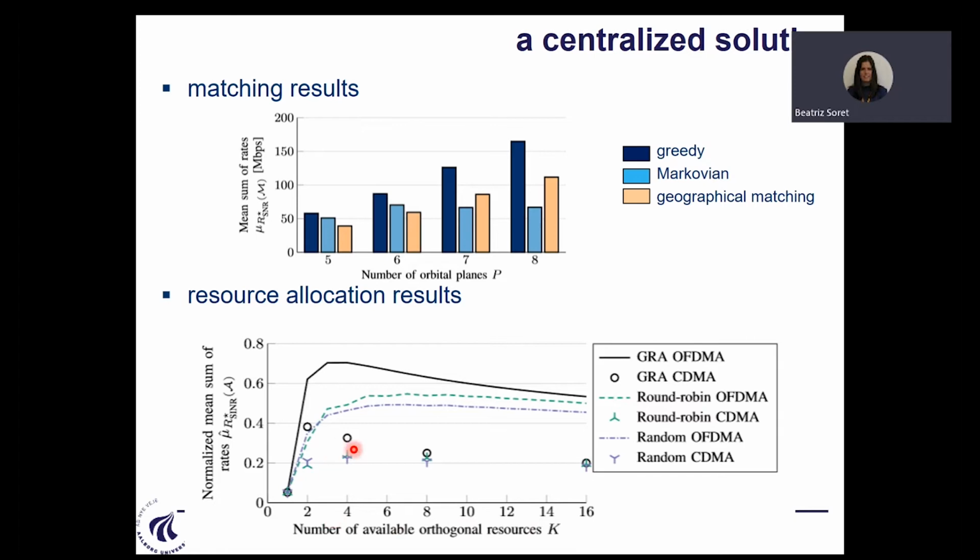And we can see that the gain is very high already with a small number of resources. Even if we have only two resources, we can see a significant gain when we use the greedy solution with OFDM.